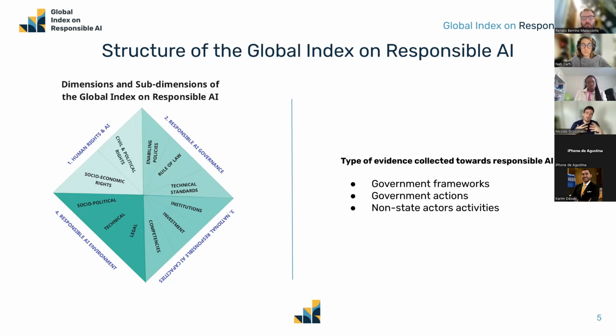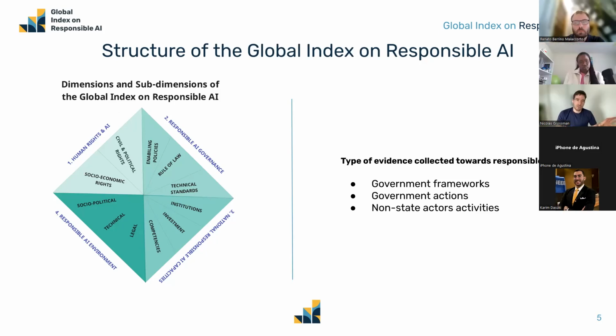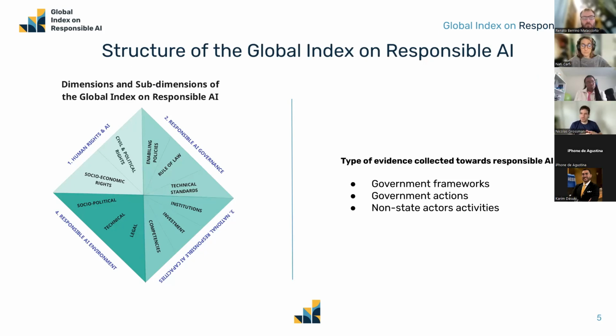So we have broken down the concept of responsible AI into 4 dimensions, which at the same time split into sub-dimensions. The first 3 dimensions we are going to assess by collecting primary data. Our researchers will assess the evidence at the country level. For the 4th dimension, we are going to use secondary data, which is more of a readiness dimension.